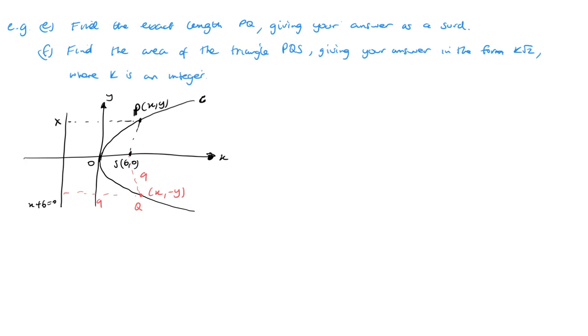So we'll deal with SP first. SP equals 9, and P is the coordinates x, y. And if you remember, y squared equals 24x. So P is the coordinates x and root 24x. Sorry, the root goes over the x as well, doesn't it? So the square root of 24x.